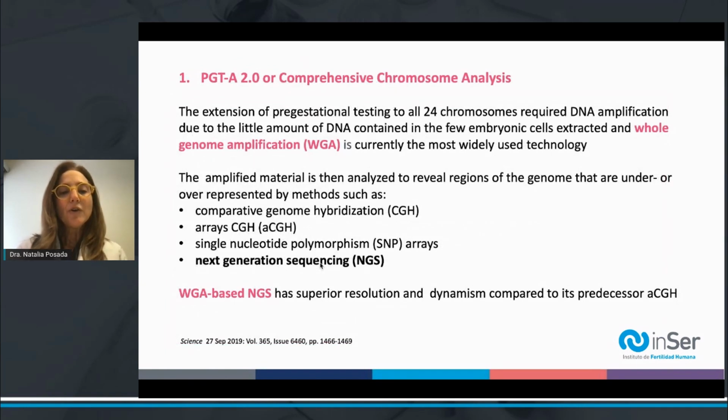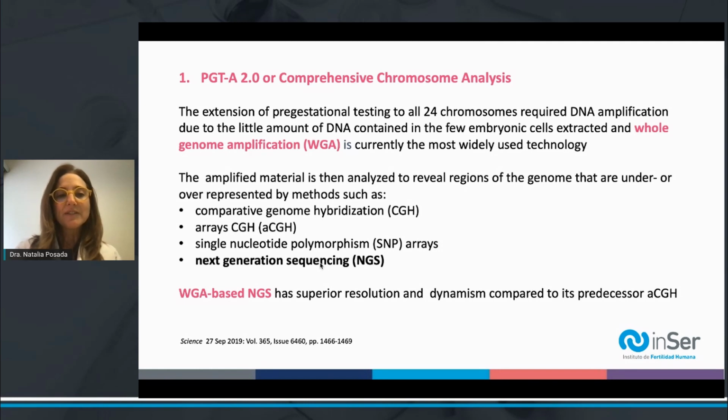So in order to be able to analyze all 24 chromosomes, the small amount of DNA that is extracted from the embryo cells needs to be expanded. And the most commonly used technique today is called whole genome amplification, or WGA.